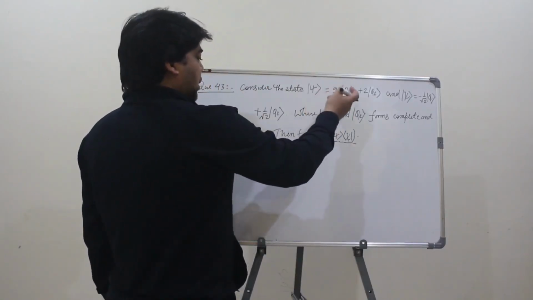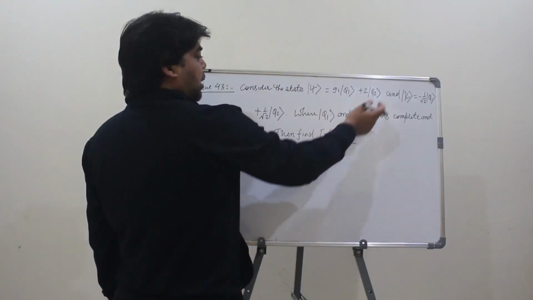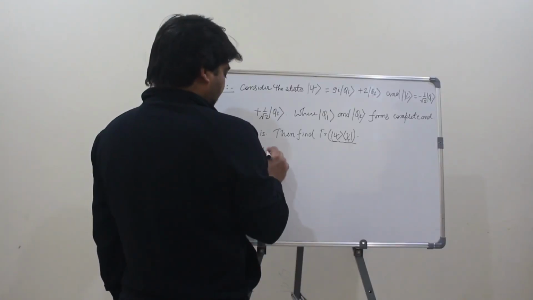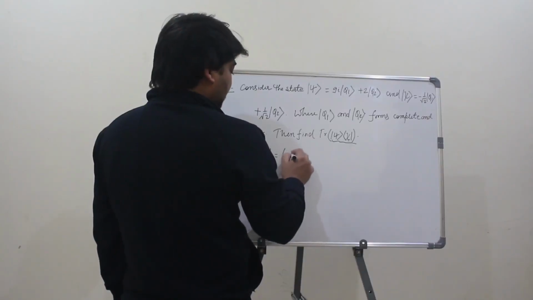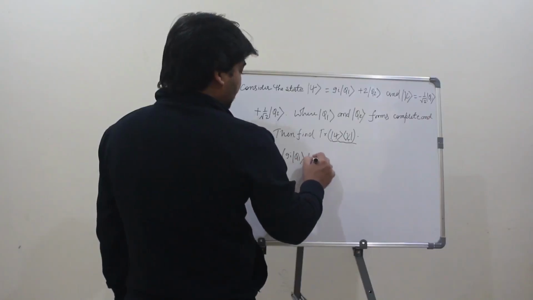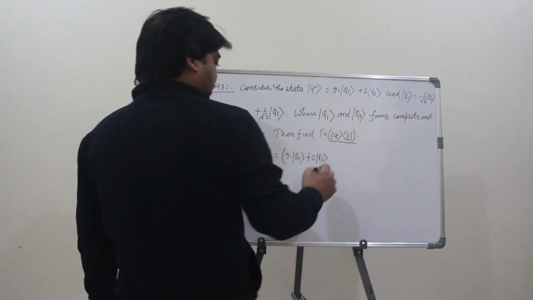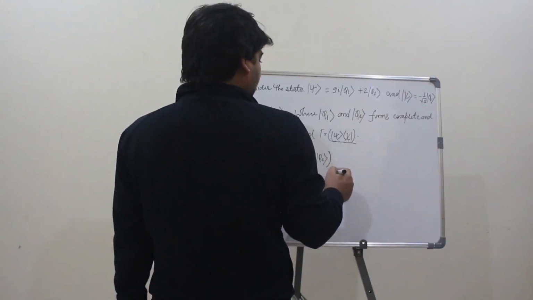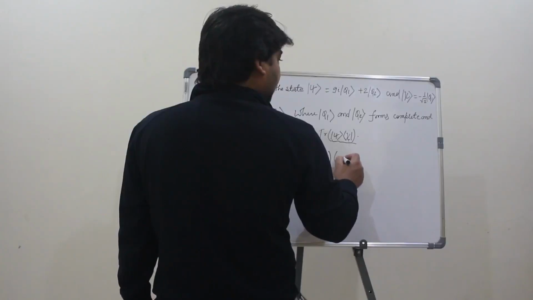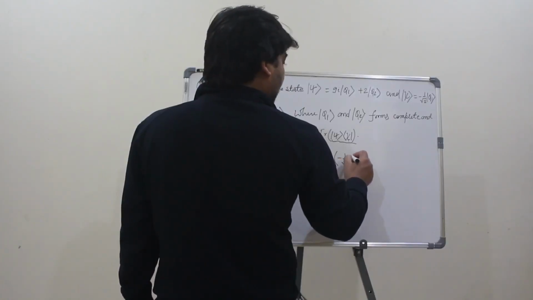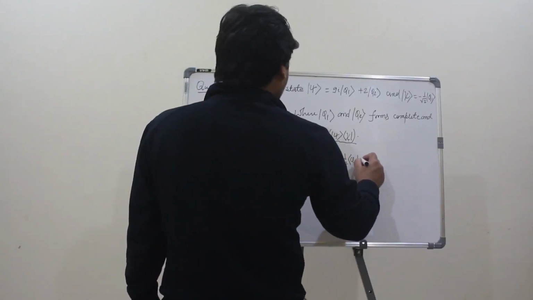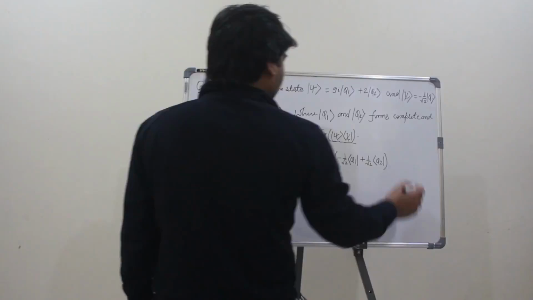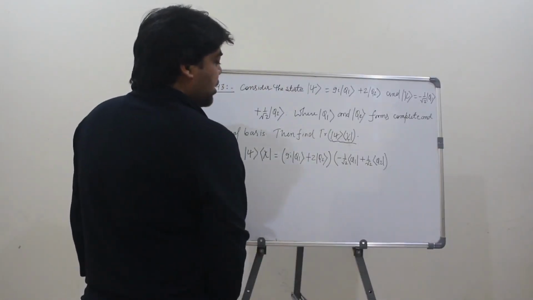So psi is 9i phi 1 plus 2 phi 2, and chi, which is the Hermitian conjugate, will give you simply minus 1 by root 2 phi 1 plus 1 by root 2 phi 2. Remember that this is just the outer product.